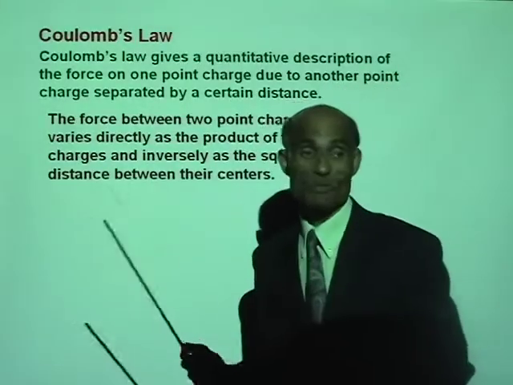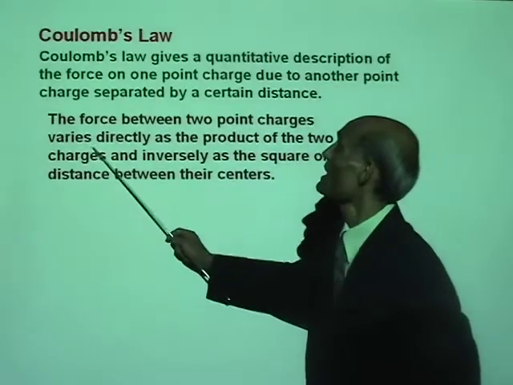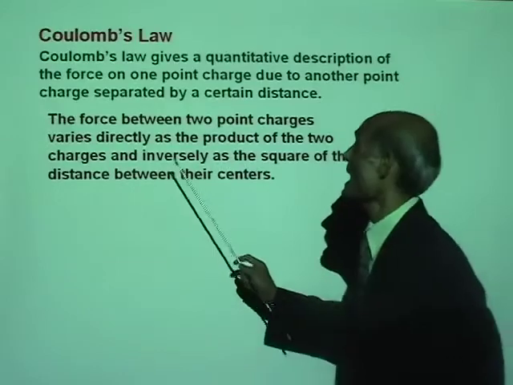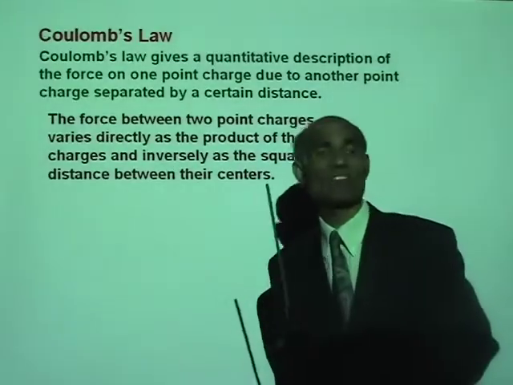Coulomb's law says the force between two point charges varies directly as the product of the two charges and inversely as the square of the distance between their centers.